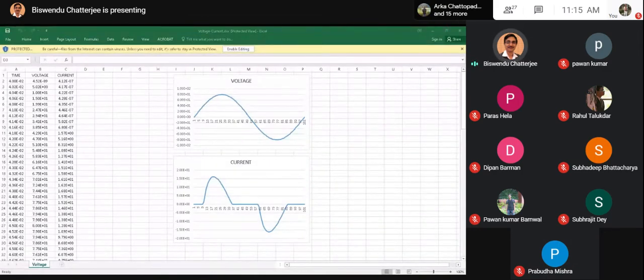What happens actually? They get simultaneously the phase and the phase difference in voltage and current and the corresponding wave shape. No problem about that. Now the meter converts and keeps in the memory location exactly like the Excel sheet.